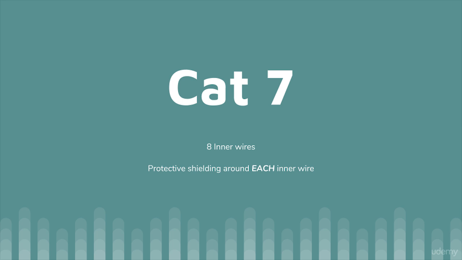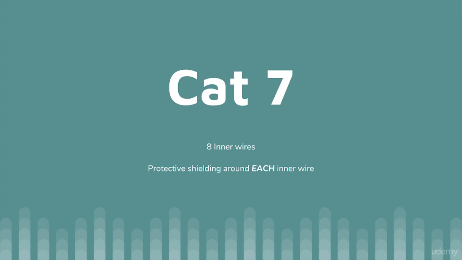So CAT7 cables are truly useless to the majority of us, but for those out there with server farms and large data centers, they could prove useful. In my opinion, for most of us, there's no need to go past CAT6A, even for future proofing. But as always, if you or your client doesn't care about cost, then go for it.